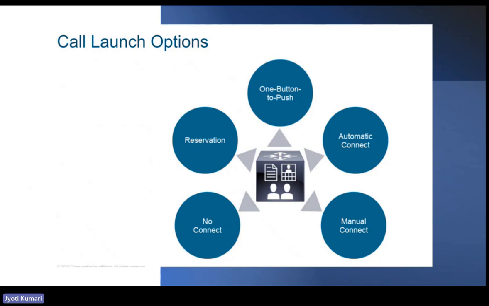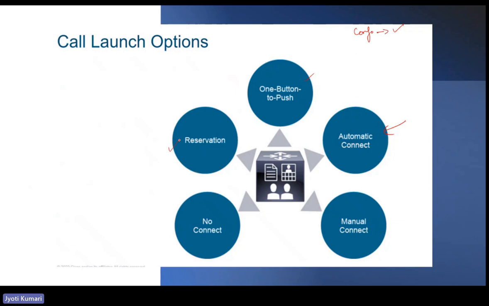Then call launch options. For call launch, we have different options. Let's suppose we have created a conference and we want it to be connected automatically as soon as the administrator creates and activates it. So there are call launch options like automatic connect. One button push: it will not launch automatically, but will give you a button to launch it, and that is just one button push.